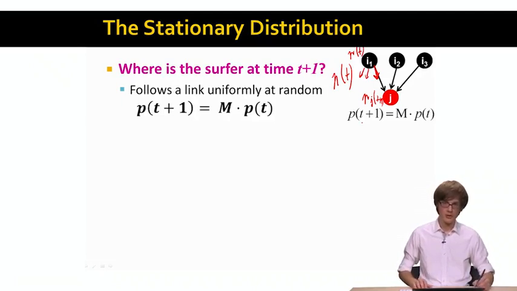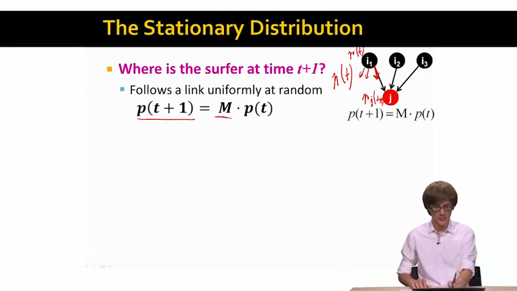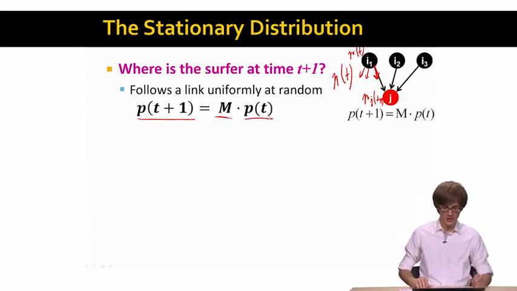The probability that the random walker is at a given node is the sum of the probabilities that the walker in the previous time step was at the neighbors that point to that node, and from every such node, the walker transitions to node j with probability 1 over the out-degree of that node, which is exactly the PageRank formulation. So the probability distribution of where the random walker resides at time t plus 1 is simply our matrix M times the probability distribution at time t.